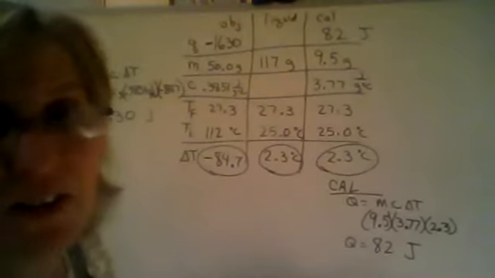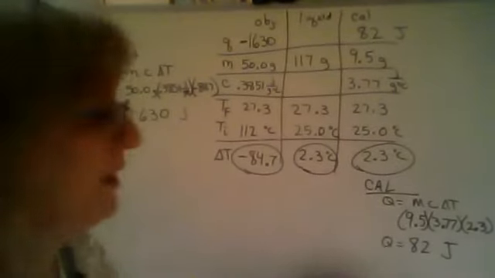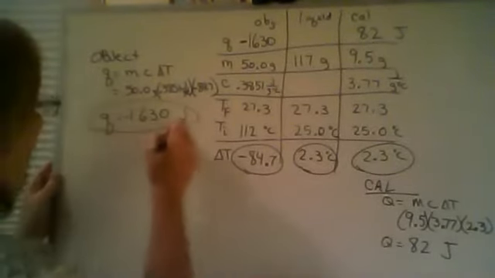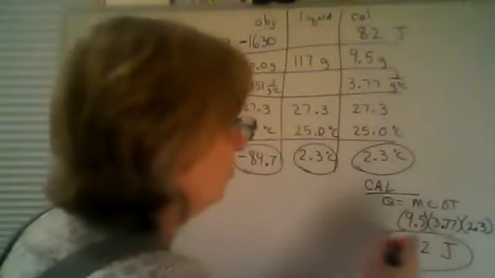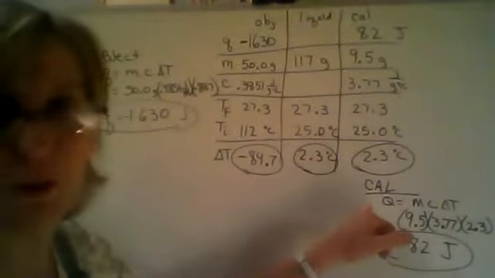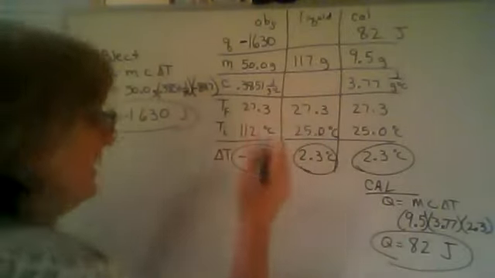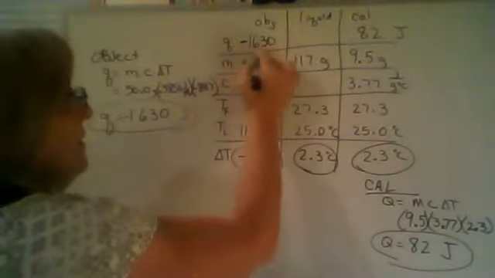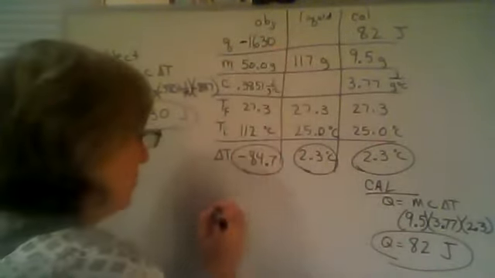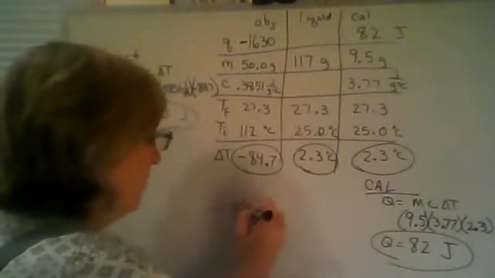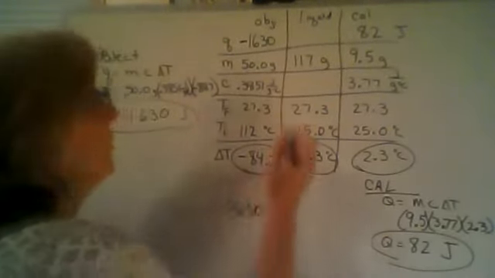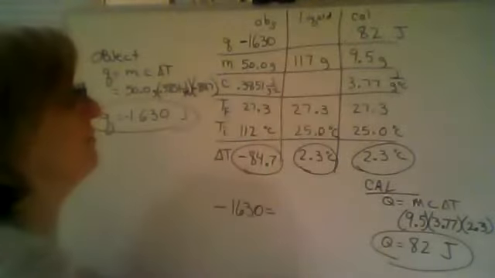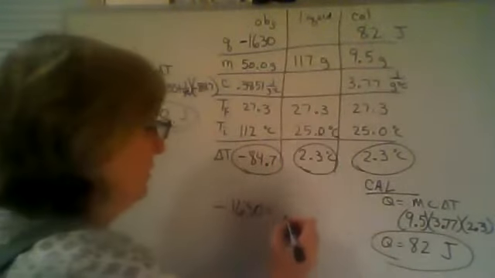Now, here's how we fill this out, okay? You found the joules for the object. You found the joules for the calorimeter. And the other equation is that the energy of the object, negative 1630, equals this one plus this one.